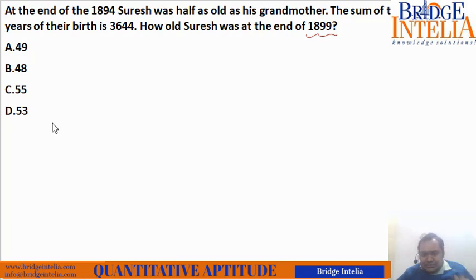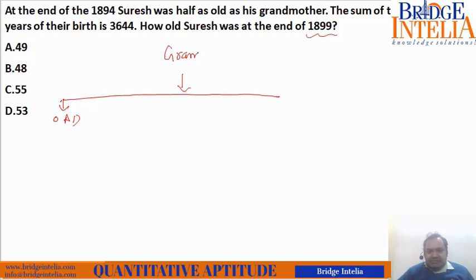Let's understand this with the help of a timeline. It will be easiest. Let's suppose this is 0 AD. The grandmother was born, let's suppose, in the year X AD.